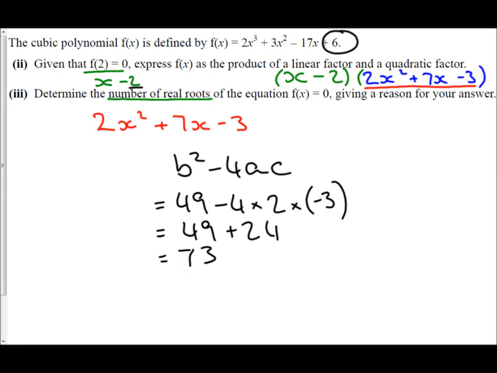As my discriminant is positive, I know that my quadratic has 2 roots. But, as well as the quadratic, I've got my bracket x minus 2, which is going to give me 1 root. So in total, I can say the number of roots is going to be 3 real roots.